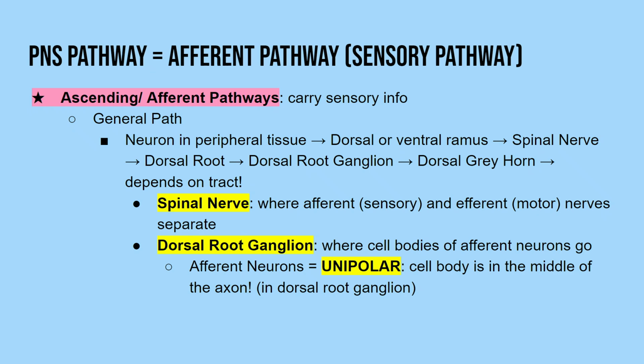The spinal nerve is where afferent and efferent nerves separate. The dorsal root ganglion is where cell bodies of afferent neurons go. And another note is that afferent neurons are unipolar, which means that their cell bodies are in the middle of the axon, and the cell bodies are in the dorsal root ganglion of the afferent neurons.